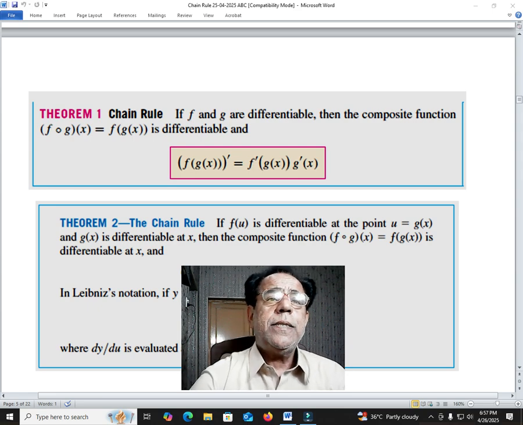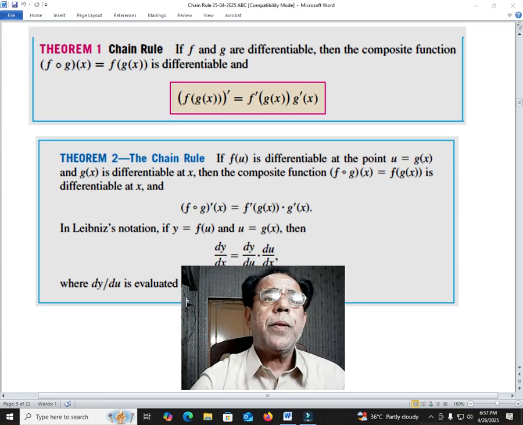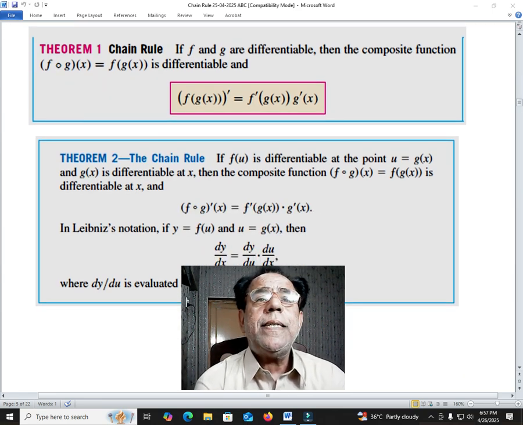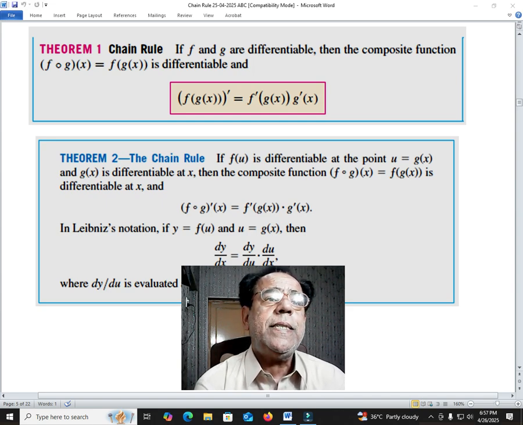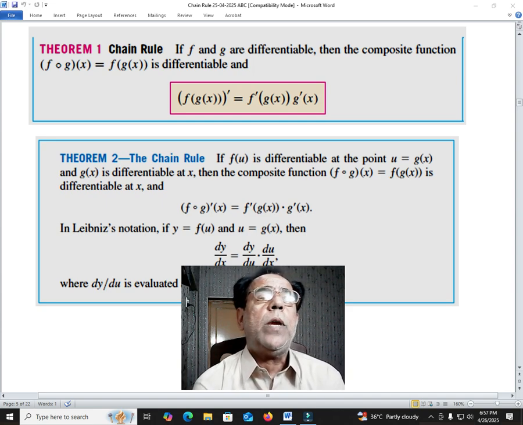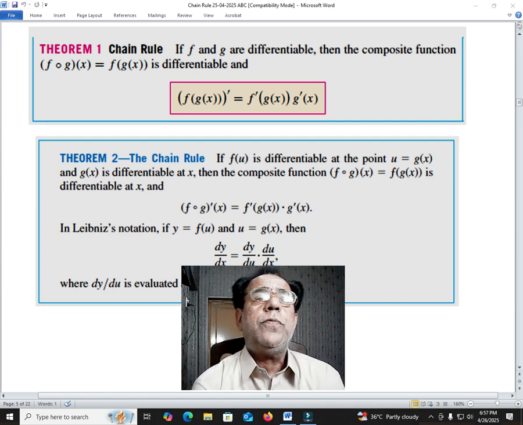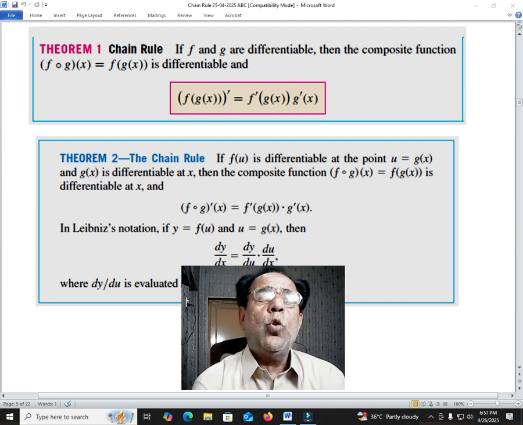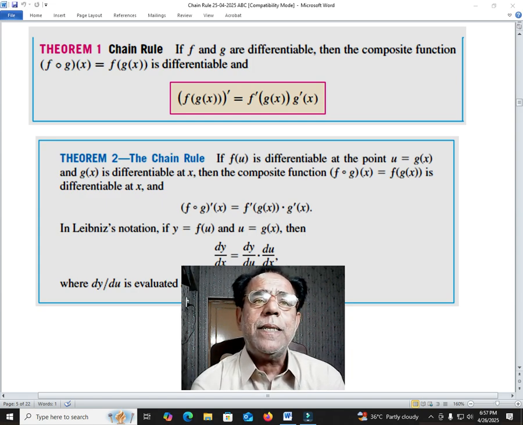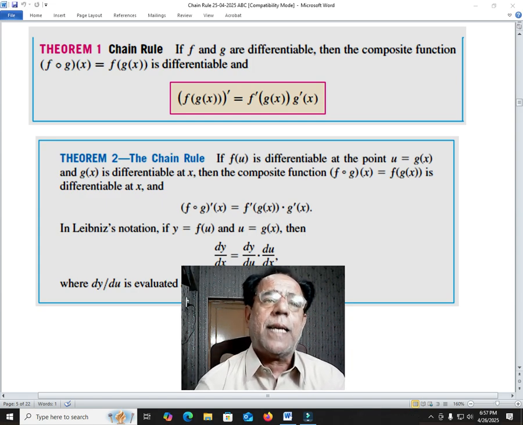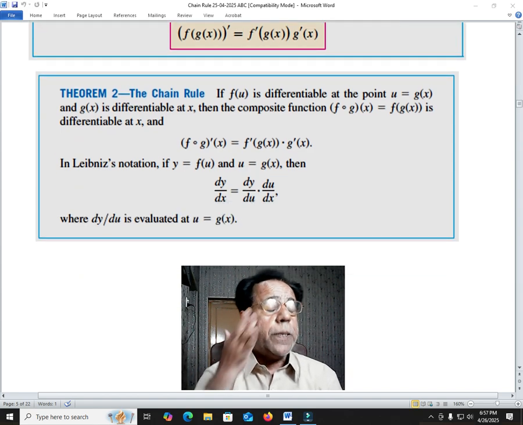Another version of the chain rule. If f and g are differentiable, then the composite function f∘g of x, equal to f(g(x)), is differentiable, and [f(g(x))]' is equal to f'(g(x)) · g'(x).